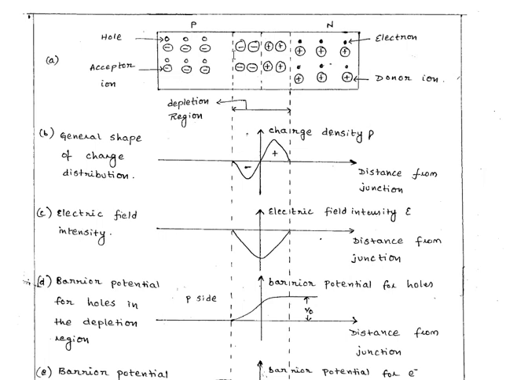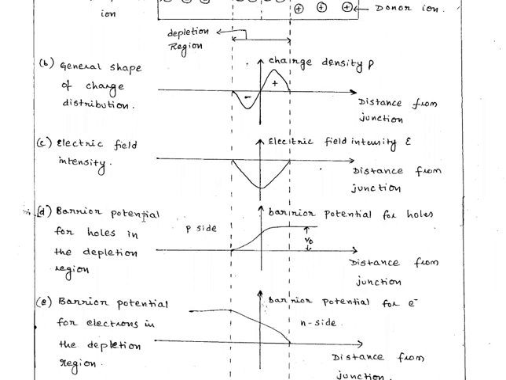Coming to the electric field, towards the center the field is higher and then it reduces; coming towards the other side, again the field is increased. That is, here it acts as a negative plate and here it acts as a positive plate.